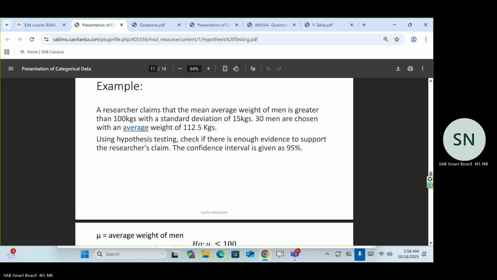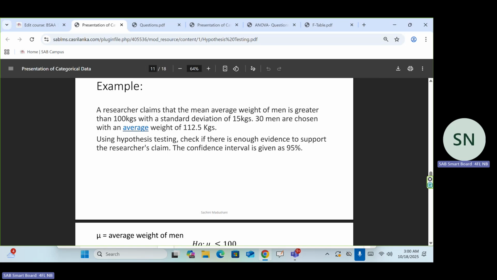Finish. Then the scenario says what? First tell me, what is the population parameter in here? Average weight. Okay, then here they take average. No, average means population mean.